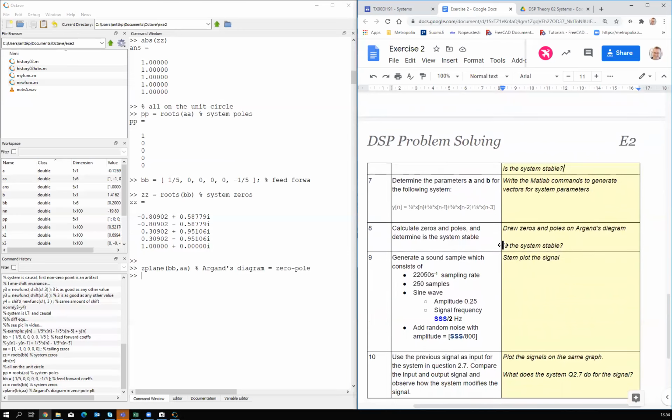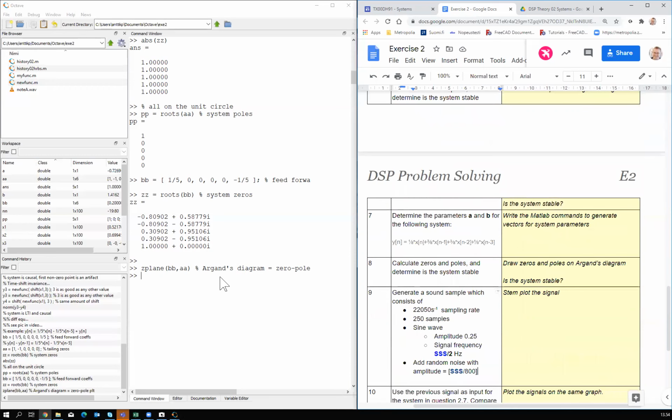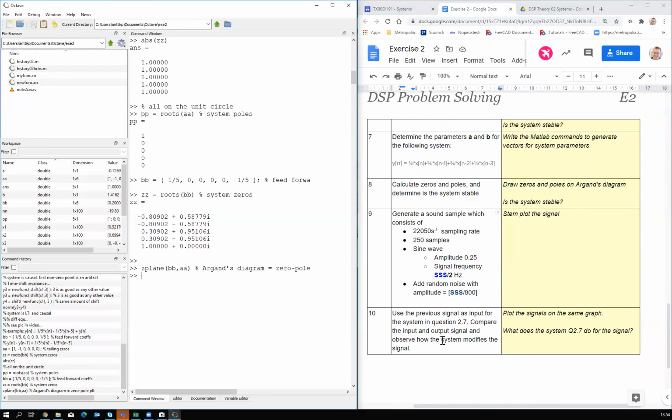Okay, what else? Zeros and poles again. And then the last point would be to calculate the effect. So basically, oops, not that one.